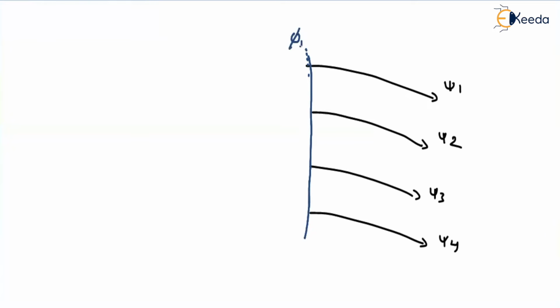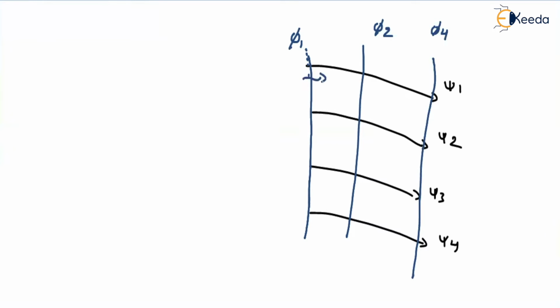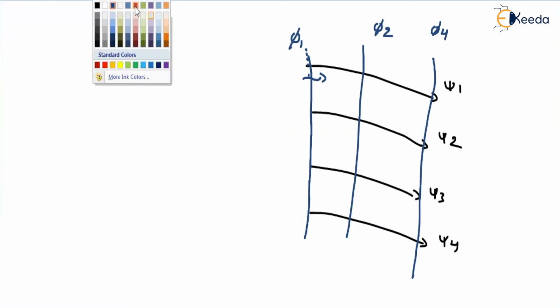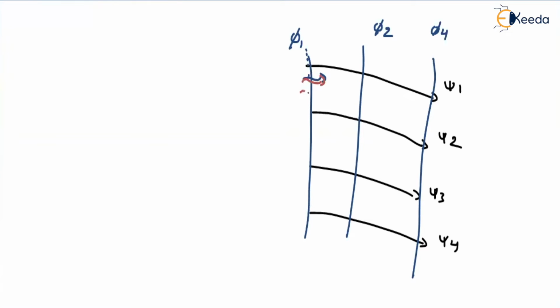Let us say this is phi 1, this is the second potential line phi 2, and this is the third potential line phi 3. Now see how the flow will happen. Flow will always happen parallel to the flow lines, and there will not be any flow across a flow line.